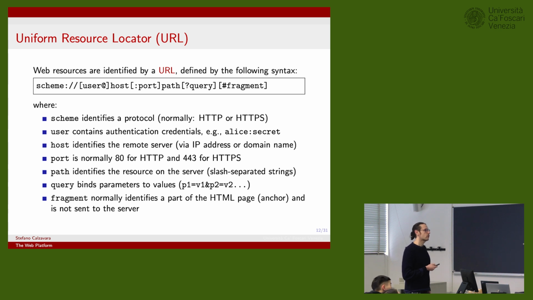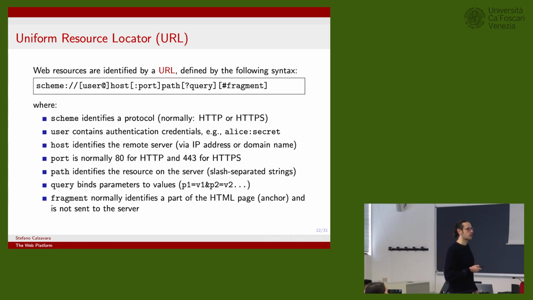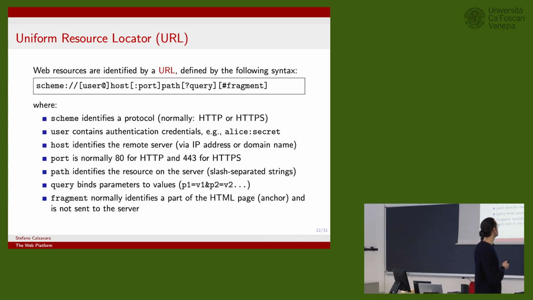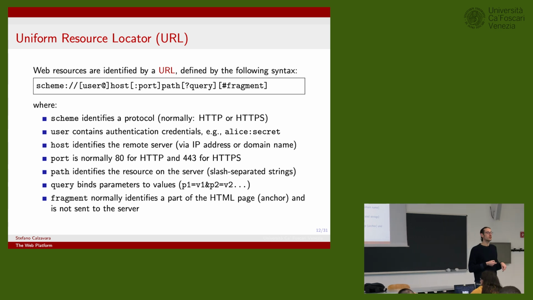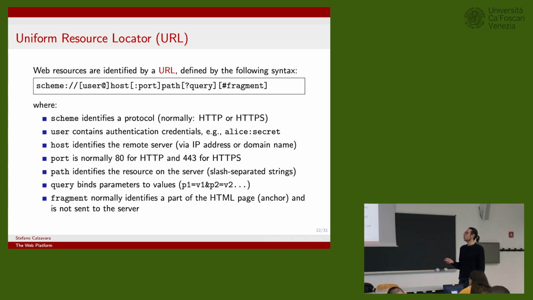In the context of web security, the protocol is normally HTTP or HTTPS. We have a host, and the host is essentially the server, which contains the resource you want to access. And you have a path, which identifies the specific resource on the server. So scheme tells you how you want to access a resource, be that HTTP or HTTPS. Host identifies the remote server.